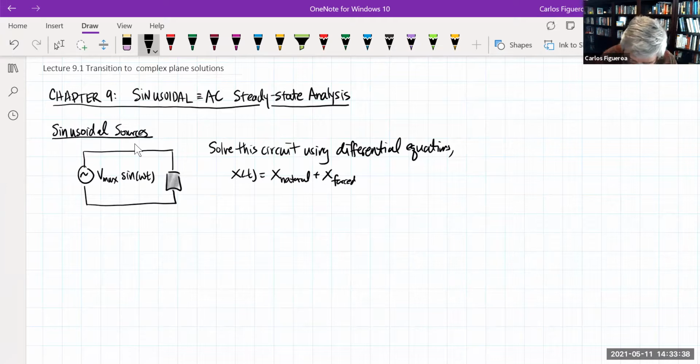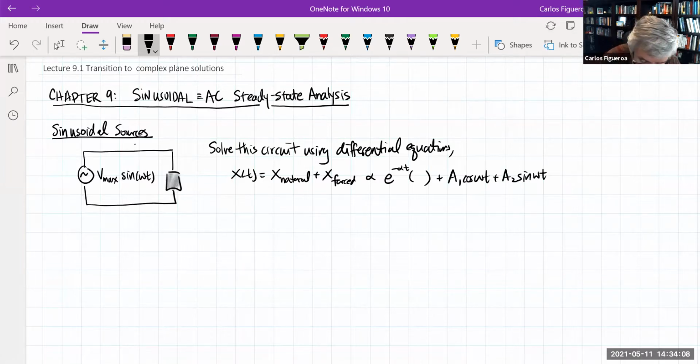In some shape or form, this natural response has an exponential term that starts to kill this thing off. And then our solution should then have some amplitude of A1 cosine omega t and A2 sine omega t.